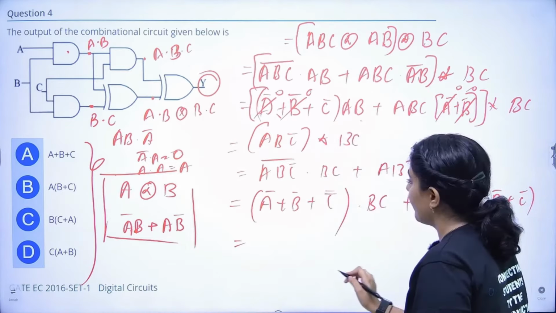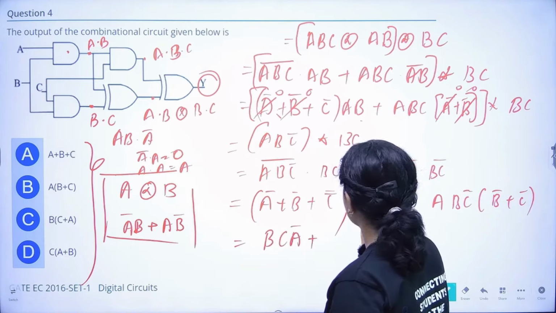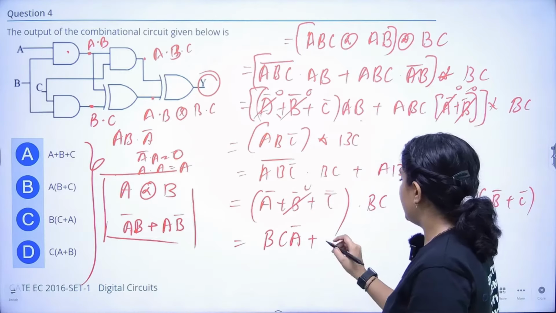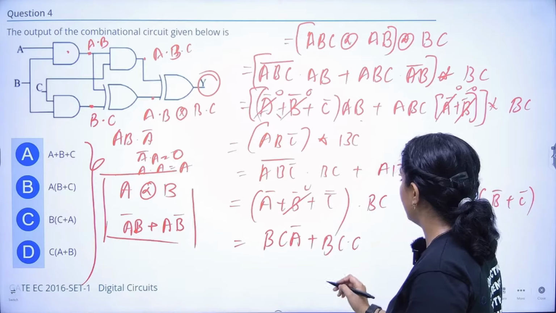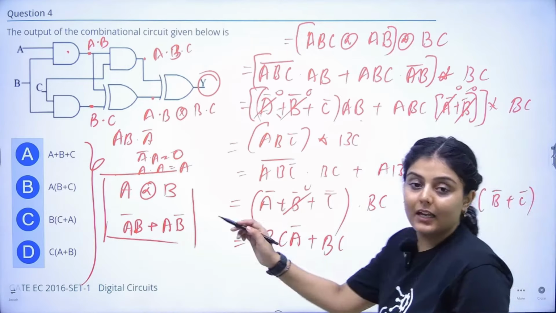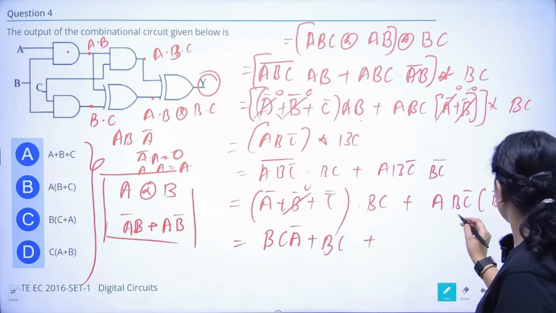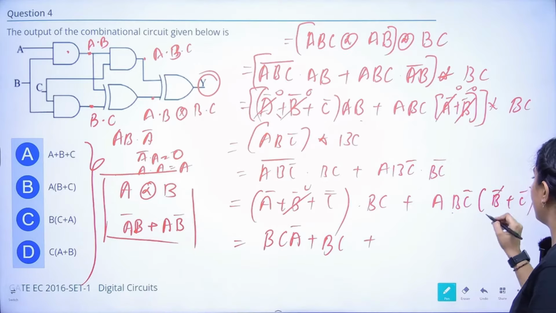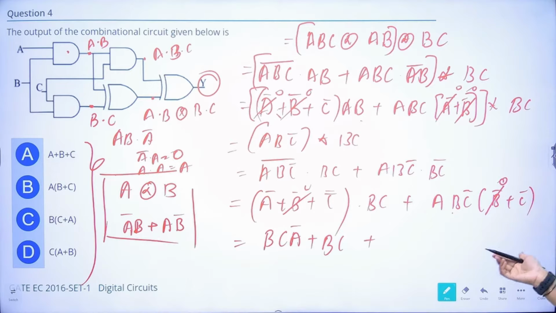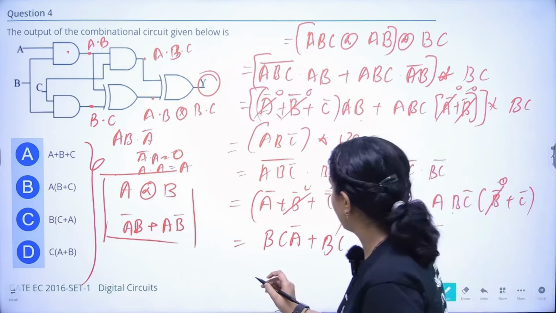If we multiply this with this, that will be BC A bar, plus B into B bar, which gives you 0, and B into C will be nothing but BC, because A dot A is A. Plus, if we multiply B into B bar, that gives 0, and C bar into C bar will be C bar only.